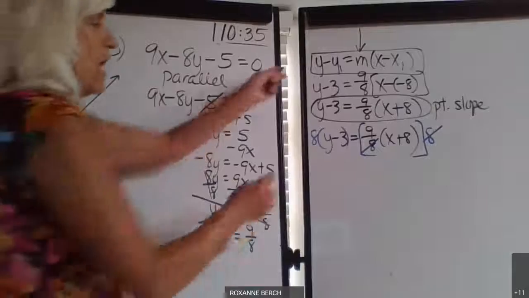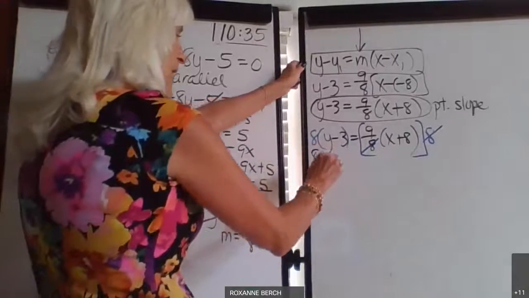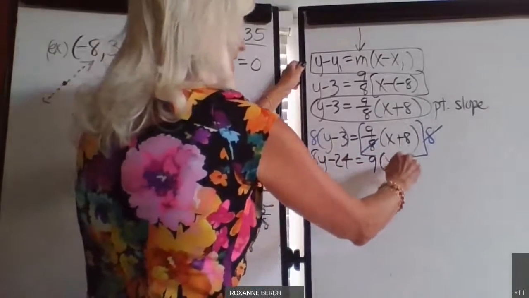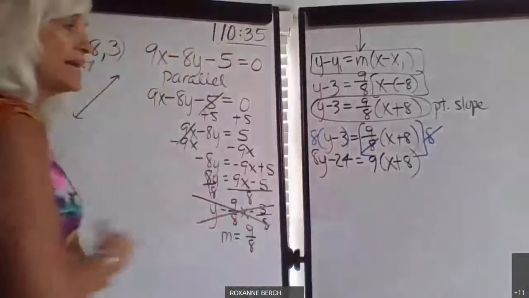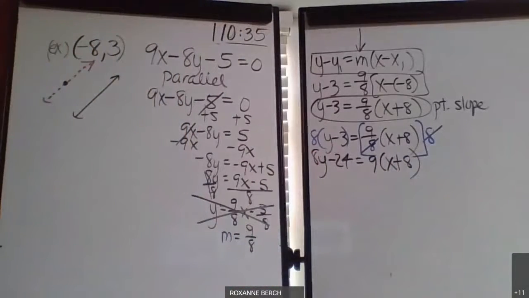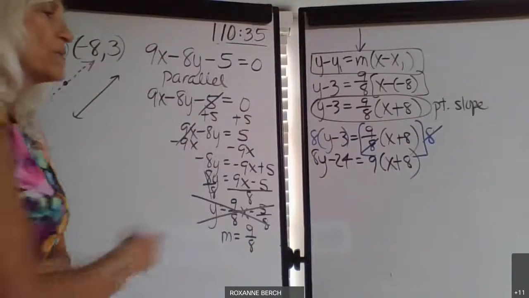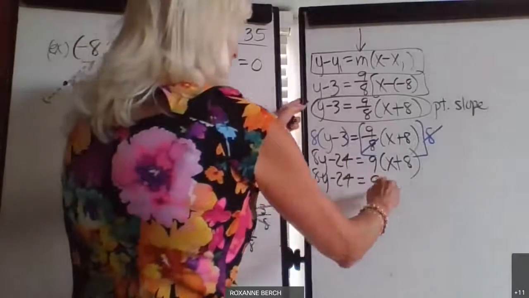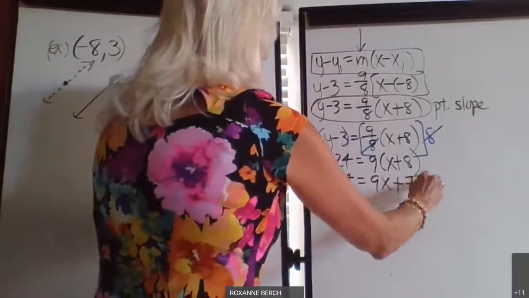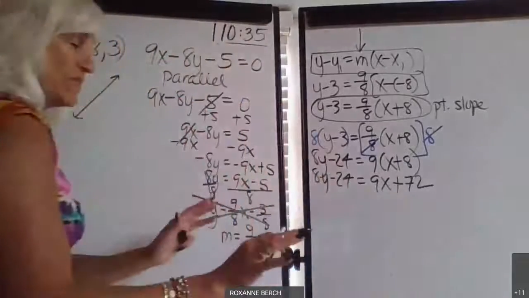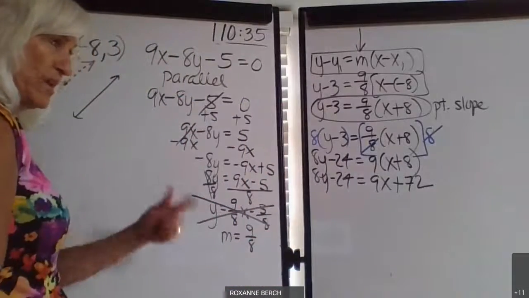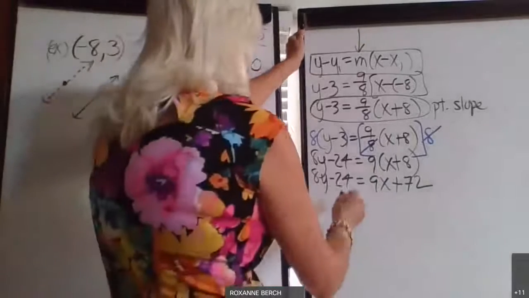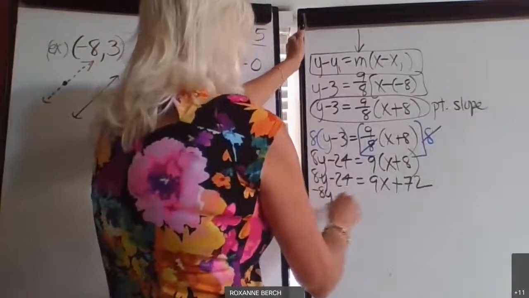So what did I do? I'm going to distribute 8y minus 24 is equal to 9 times. So see how I eliminated the fraction completely? So now you're going to distribute. And now I'm going to set everything equal to 0 to put it in general form. So I'm going to subtract 8y.